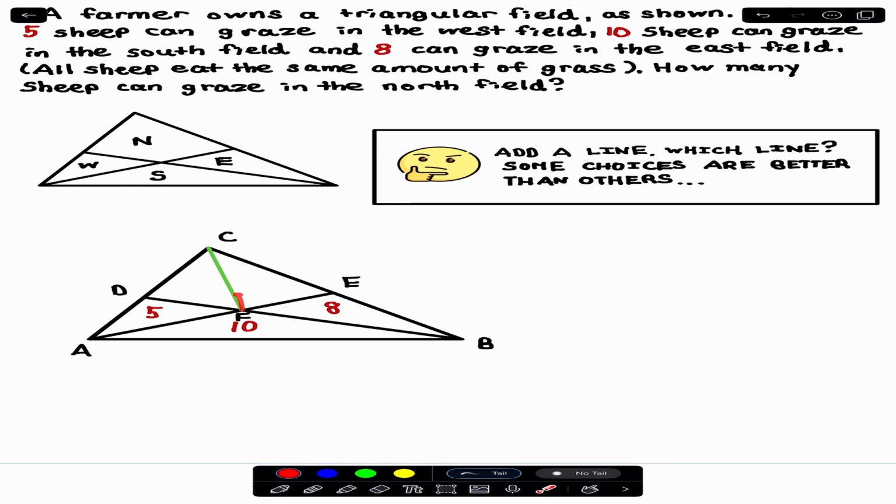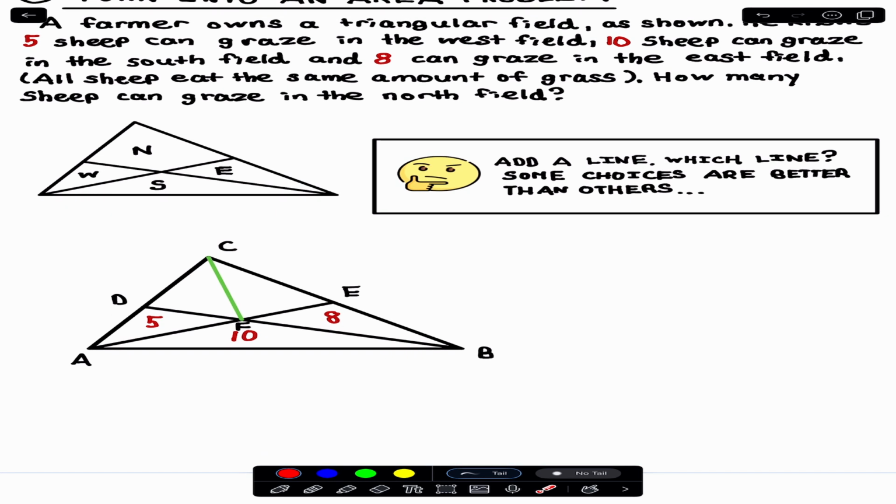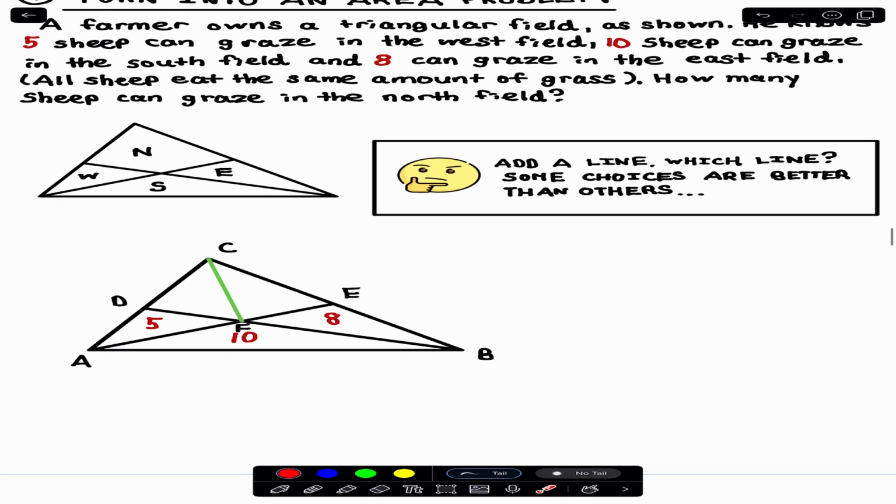And some of you might have been wondering why we didn't draw the line like this instead. That just comes down to the notion of symmetry. So I want you to just keep this in the back of your mind. A lot of times for problems, it's a good idea to keep things symmetrical.